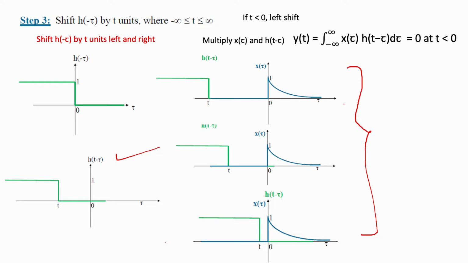Is it clear? There is no common area between x of tau and h of t minus tau. X of tau is given in blue color and h of t minus tau is in green color. These two colors are not merged, so the output will be 0.